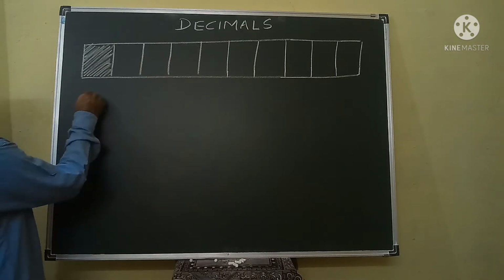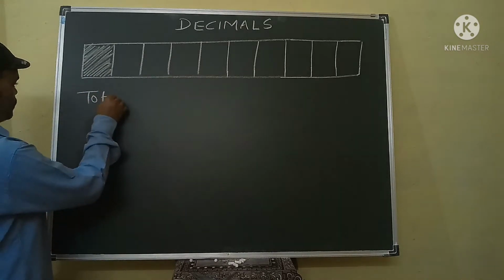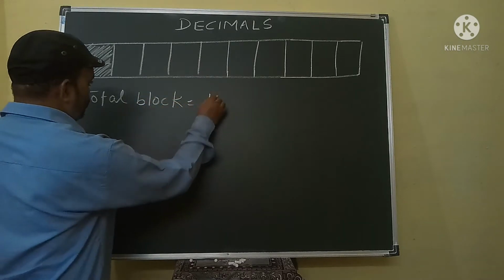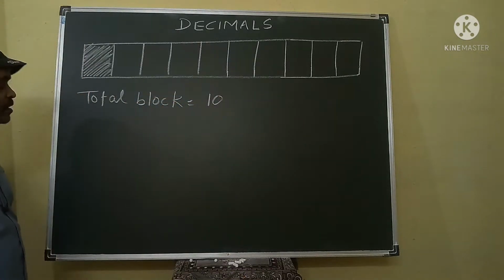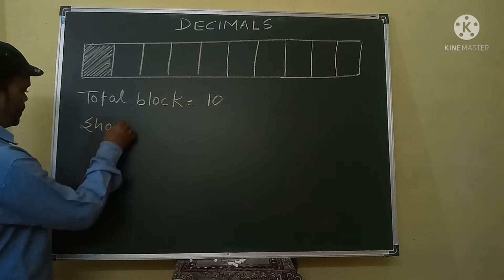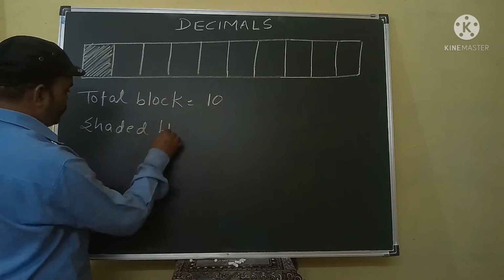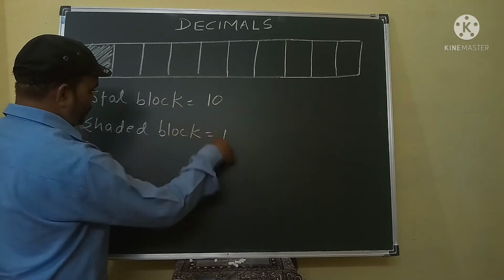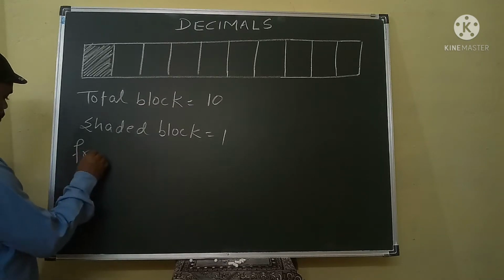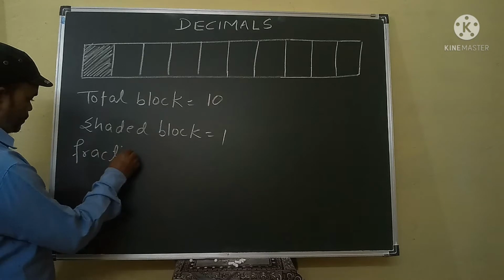That means total blocks are 10. Now shaded block is only 1.